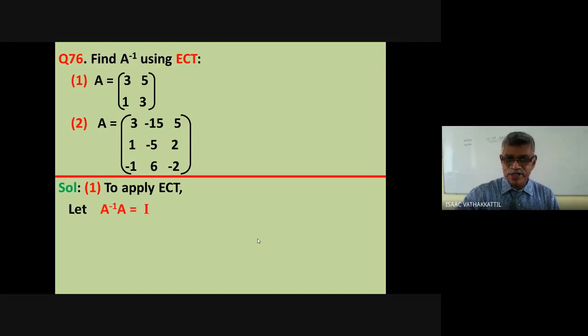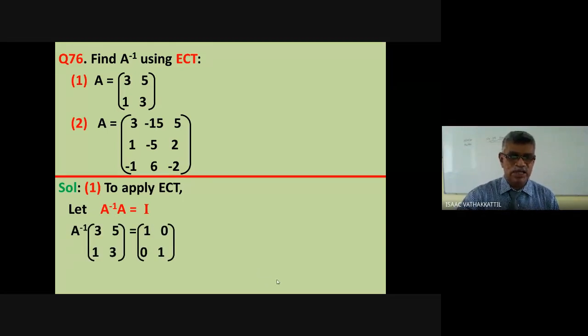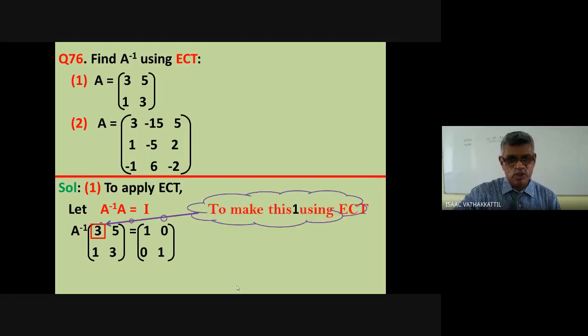And the three operations you know: interchanging between two columns, multiplying all the elements of a column with a non-zero constant, and the third one, a constant multiple of a column added to the corresponding elements of another column. These are the three. And the procedure again, you know. We start with A inverse A equal to the identity matrix. My first job is to make the element in the top left corner 1 by ECT.